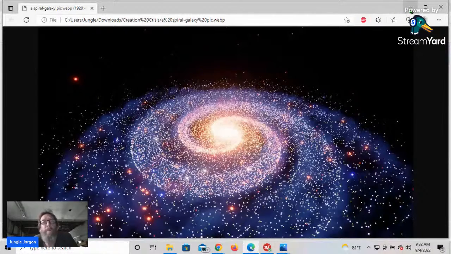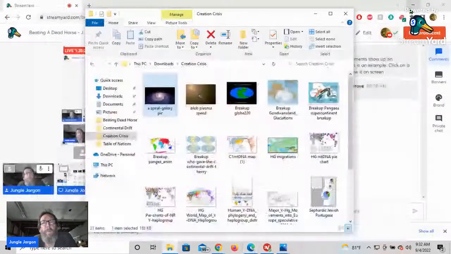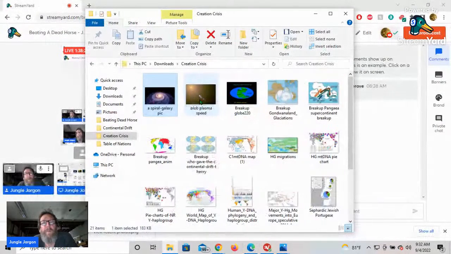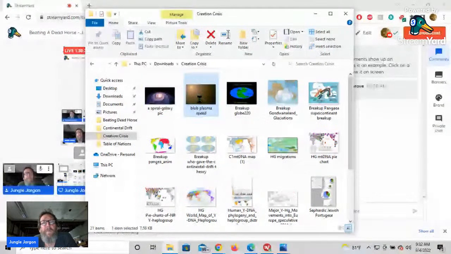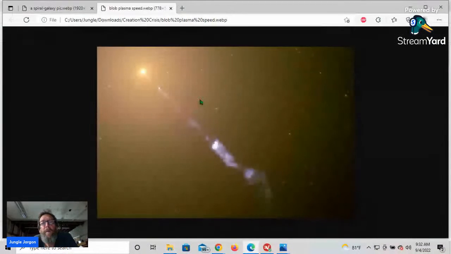So there's another observation that they have, and that's these plasma jets or beams of light that shoot out from a galaxy. They observed this happening while it was happening.